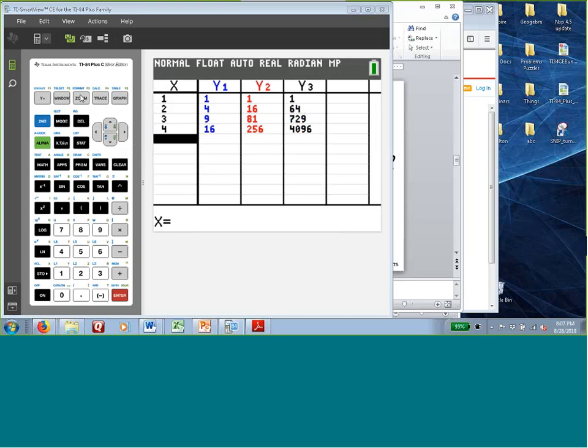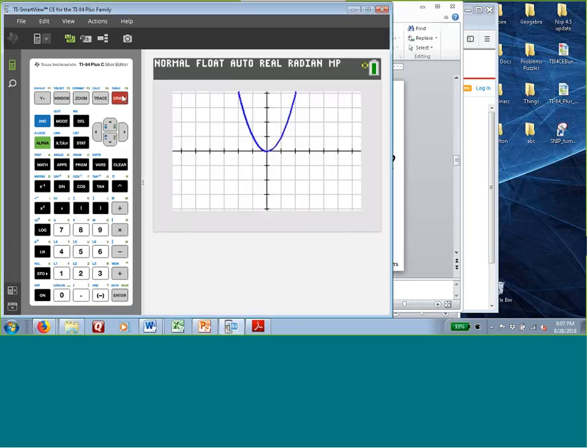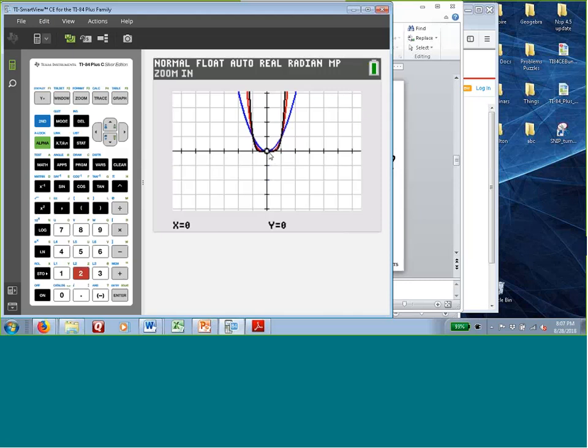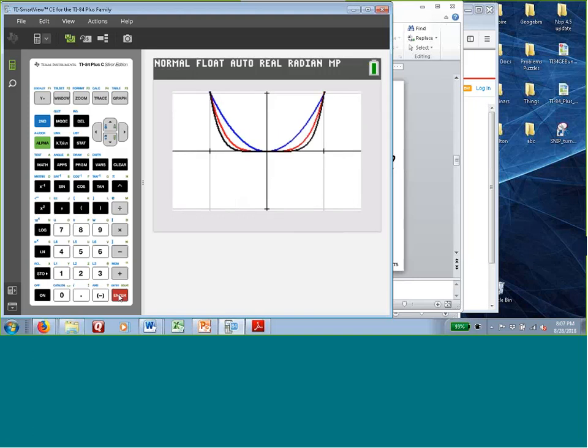We can also zoom in on the graph and investigate what's going on right in here between 0 and 1. Zooming in, if you start by selecting zoom in and press enter, the cursor is right now at 0, 0. It's going to zoom us right in there.